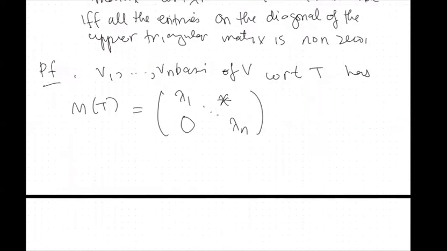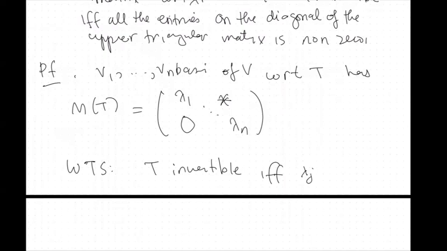We need to prove that T is invertible if and only if lambda_j is not equal to 0 for all j. And then we will show both directions.